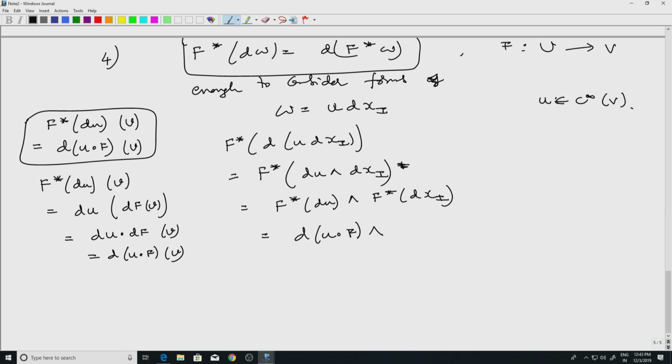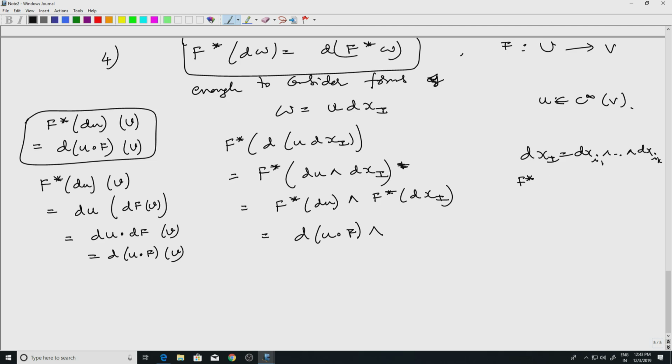Now as for this, remember that dxi was dxi1 wedge dot dot dot wedge dxik, and we know that f star, the pullback, behaves well with respect to exterior multiplication. This has nothing to do with manifolds or smooth maps. It just came from the multilinear algebra that we talked about a few lectures ago.